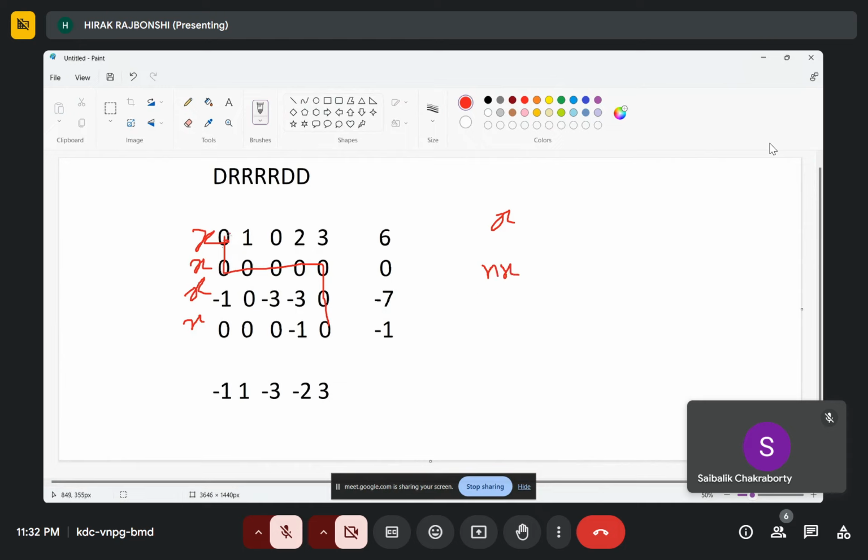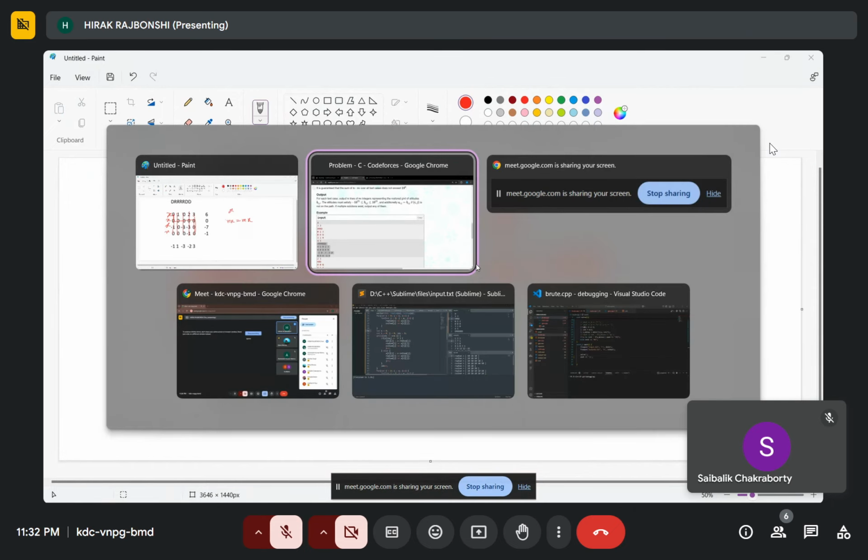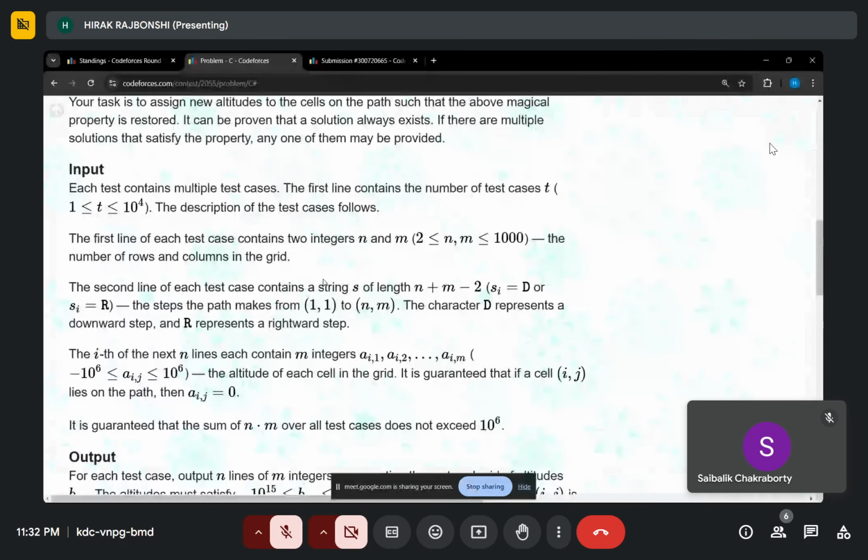Or you can say this will also be x, and this, and this, so it is m times x, where n is the number of rows and m is the number of columns. These two could be equal, but it is not given that n is equal to m. It may be equal, but it is not compulsory.